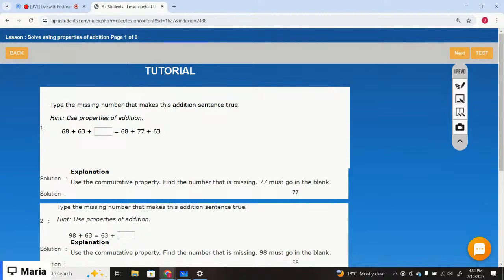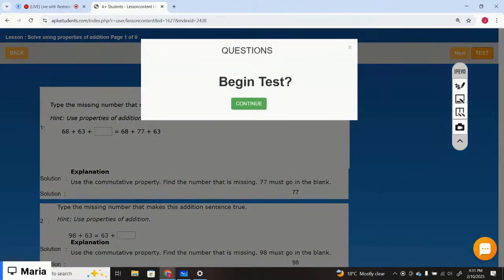That is the commutative property. For both sides the numbers must be same. You have 66 and 68 and 63 there. So the missing number is 77. Let's just start with the test questions.